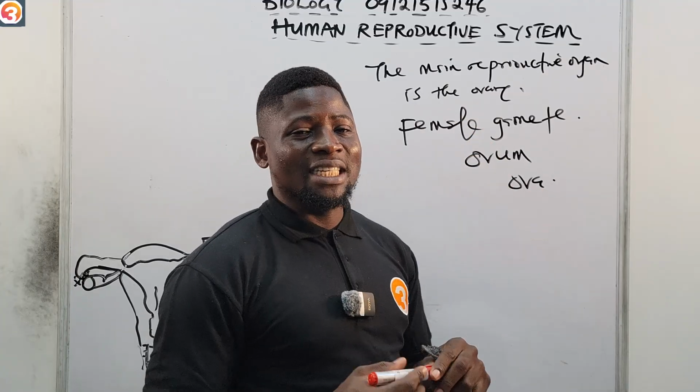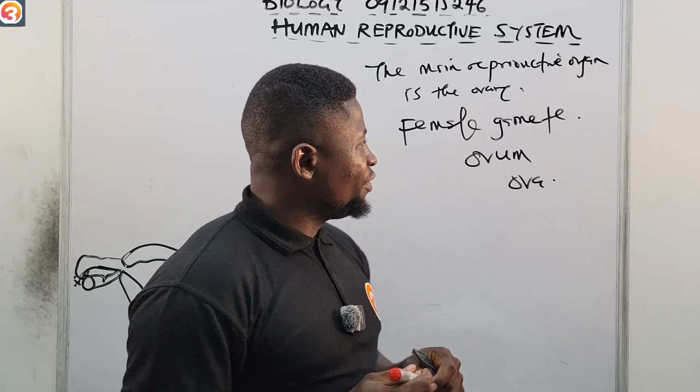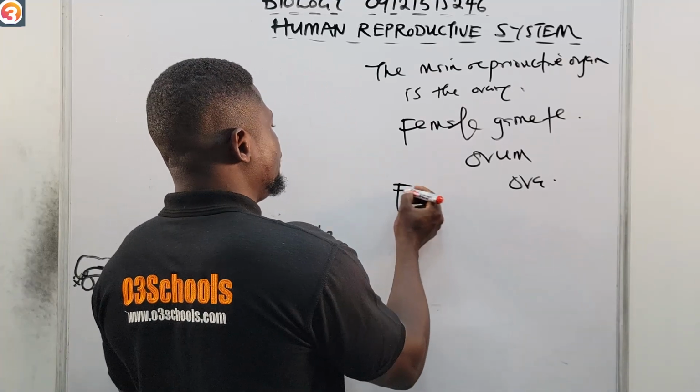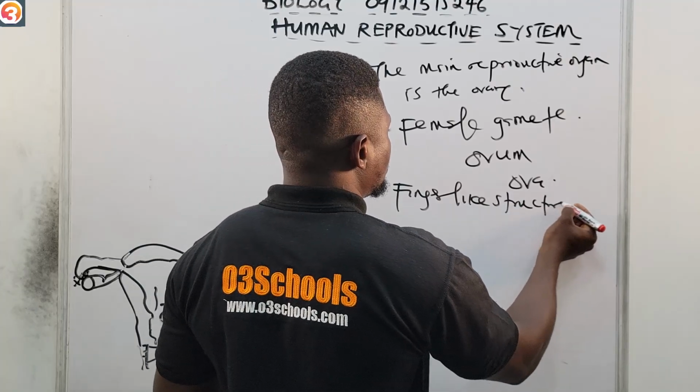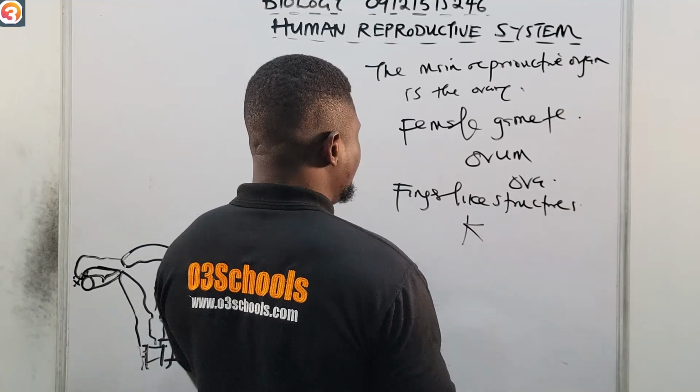The plural is ova. Now from the ovary there are finger-like structures known as the fimbriae.